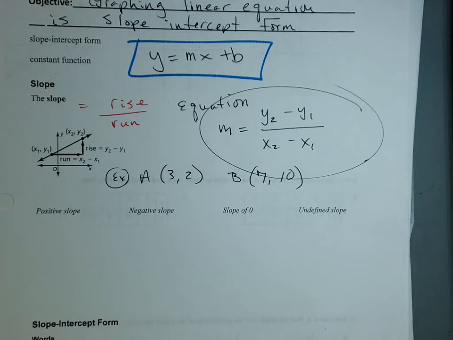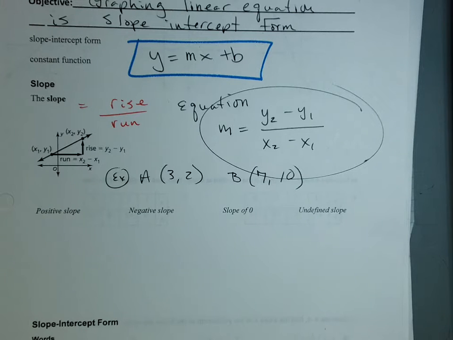There's A and there's B. We're not going to do this today, but I want to show you where this comes from. I have 2 points, I make a line, and this line's got some steepness.